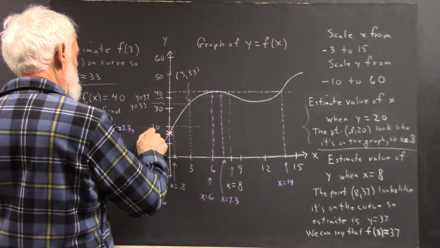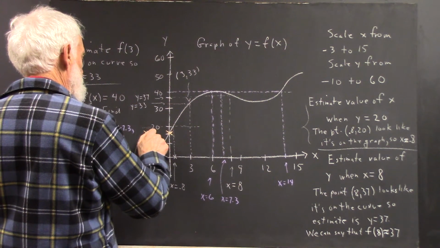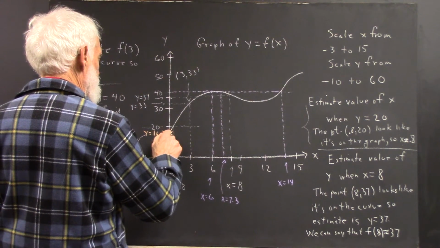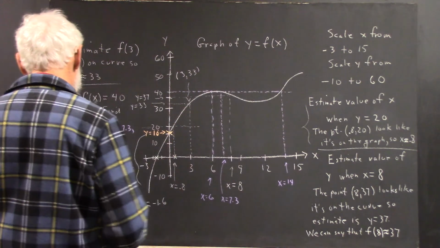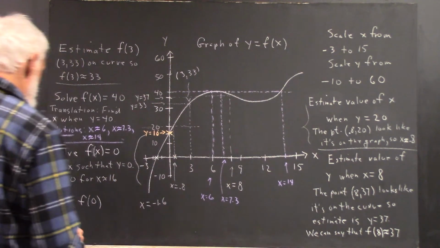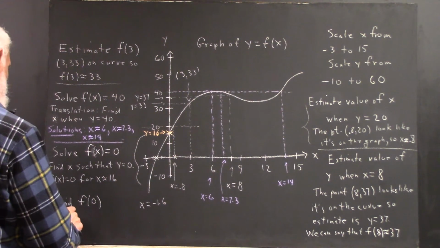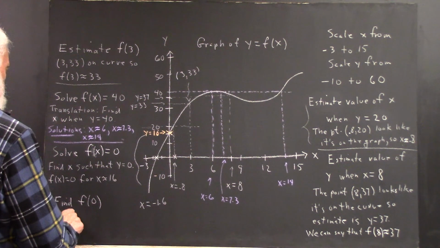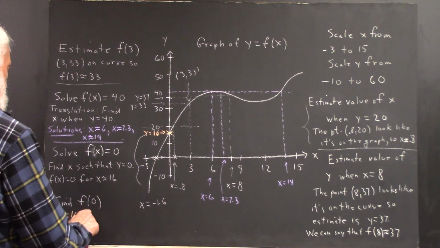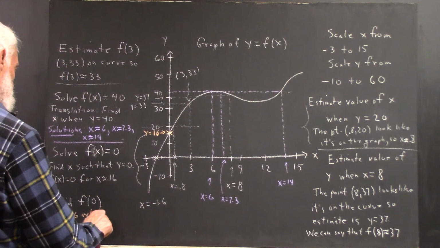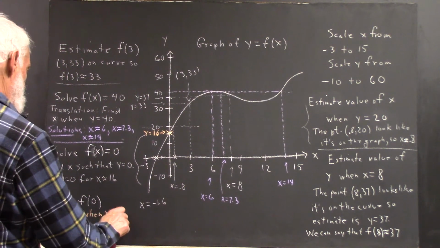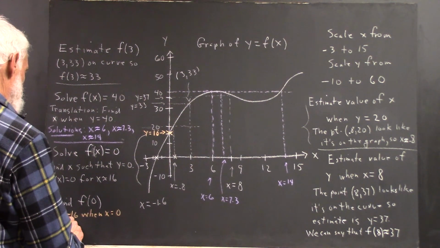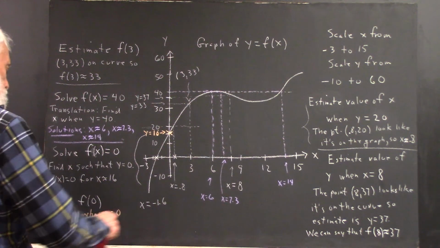This looks like y equals 16. I put an equal sign there again; y is approximately equal to 16 when x equals 0.